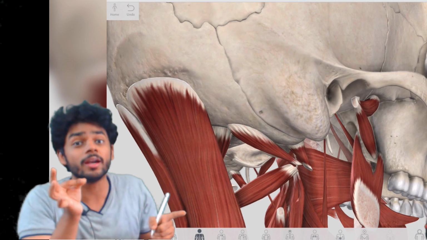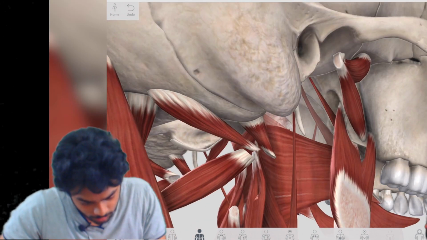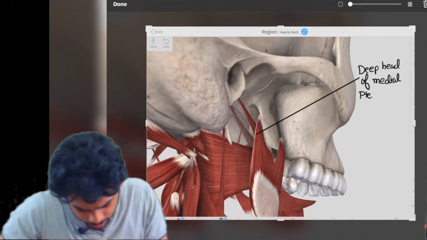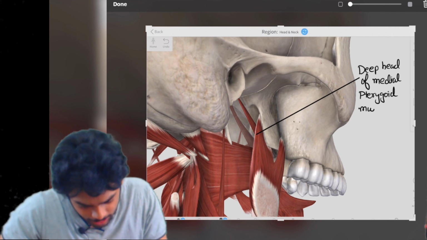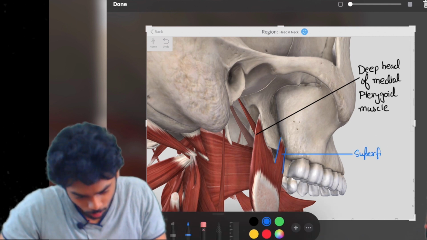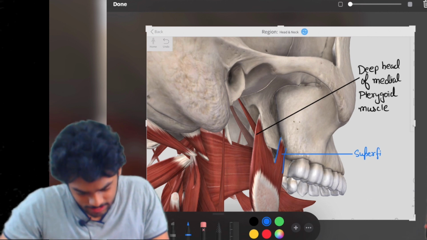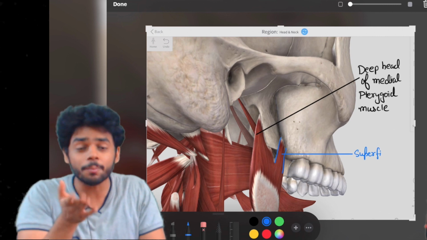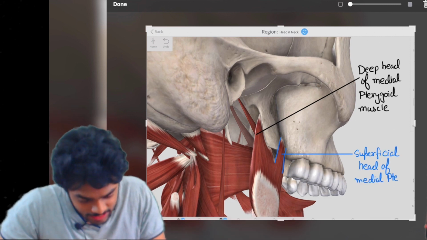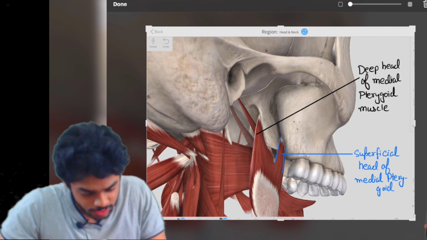The deep head of the medial pterygoid originates from the medial part of the lateral pterygoid plate, while the superficial head is attached to the tuberosity of the maxilla.